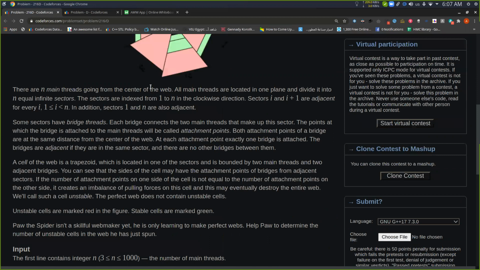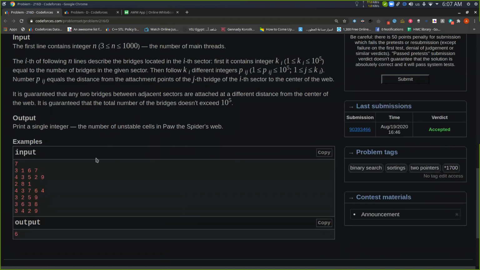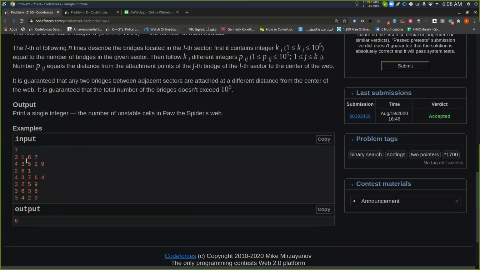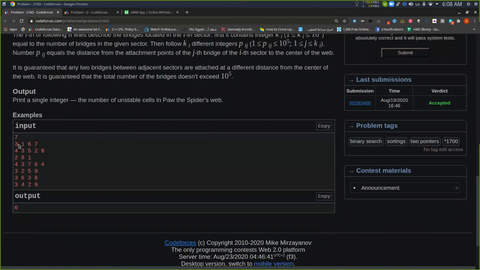The given input makes it easier for us, because for each sector the bridges are given in increasing order of distance from the center. For the first sector, we have a bridge at a distance of 1 from the center, another at distance 6, another at distance 7.